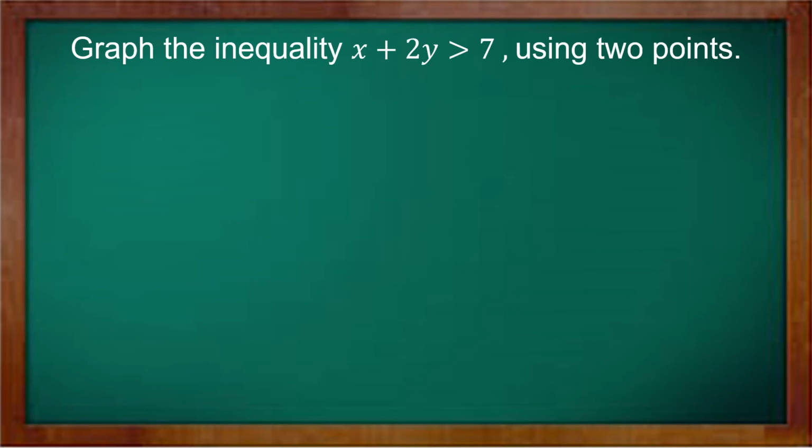Okay, let us learn more by having another example. This time we will solve the inequality by using 2 points. We have here a given problem: graph the inequality x plus 2y greater than 7. In this method, the first thing we do is to set values for our x and y.